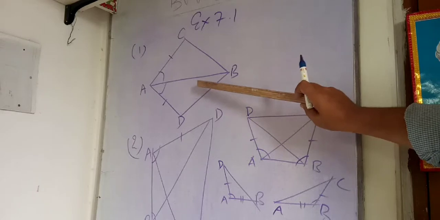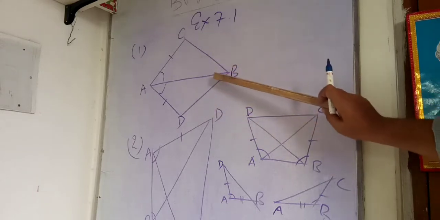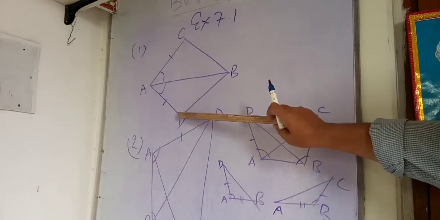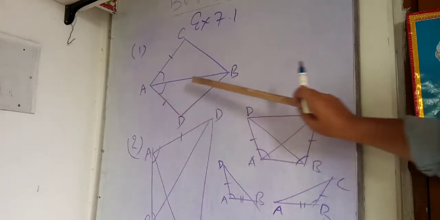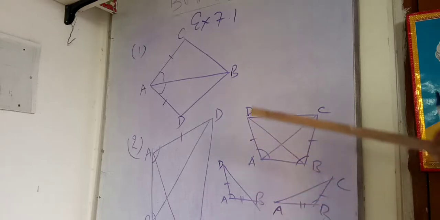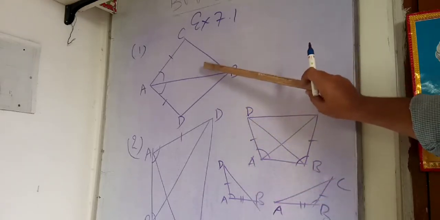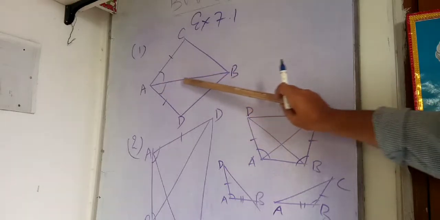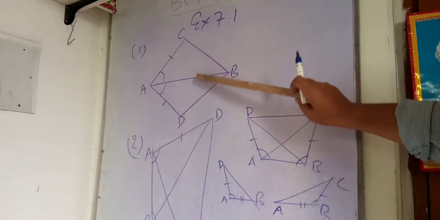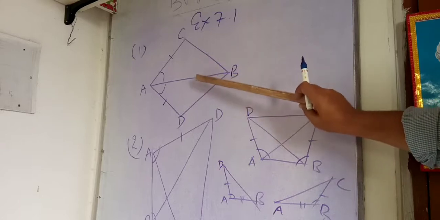has two triangles ABD and ABC where AC equal to AD and these angles CAB equal to DAB have been given to us, and we have to make these two triangles congruent. So this AB is common between these two triangles.